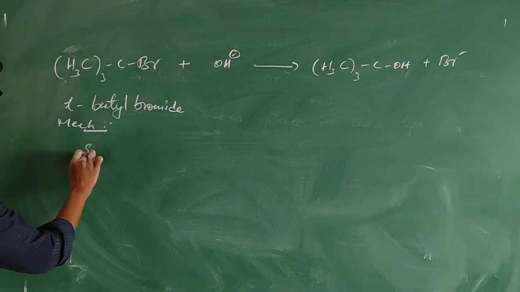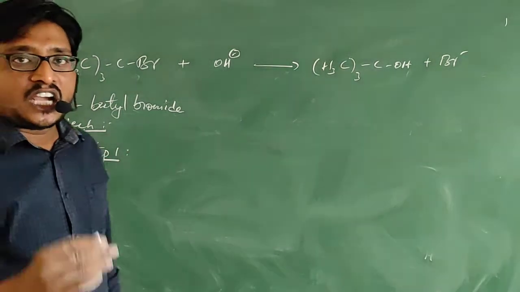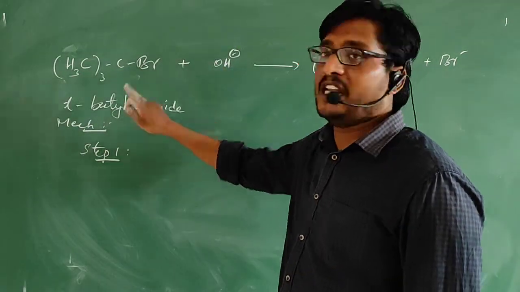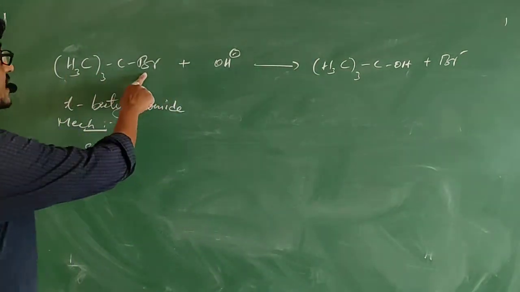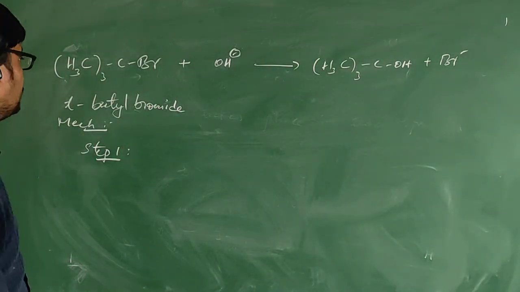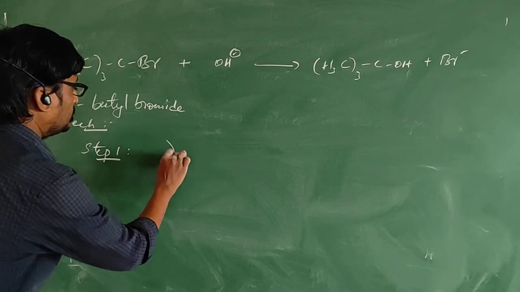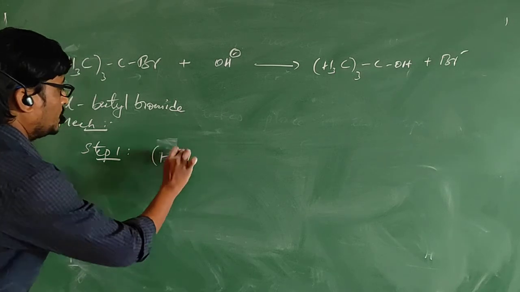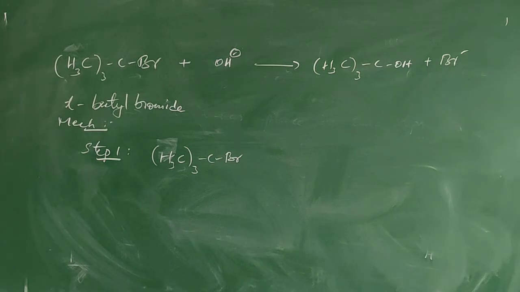So here, in step 1, initially a carbocation will get produced from this tertiary butyl bromide. Nothing but the halogen which is present here gets removed. See the first step. This is tertiary butyl bromide.